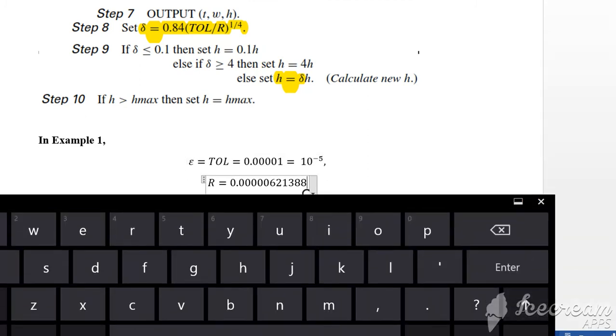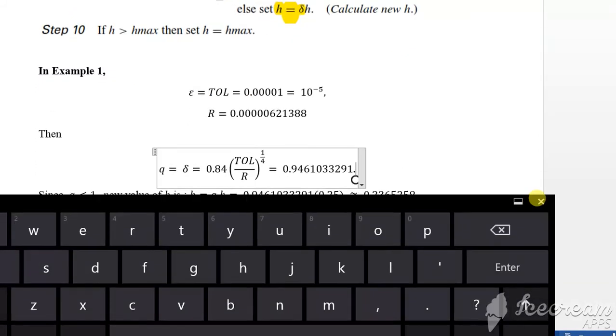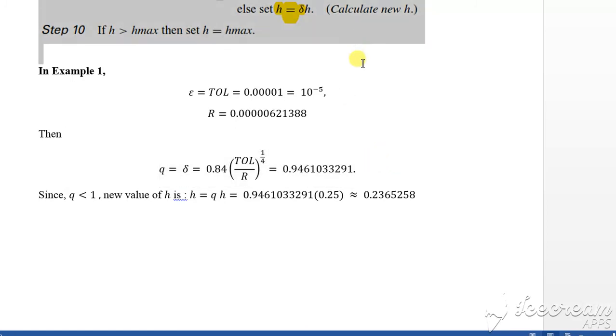R is equal to 6.21388 multiplied by 10 raised to the power minus 6, and so q, which is actually delta of the algorithm, is equal to 0.946161033291.